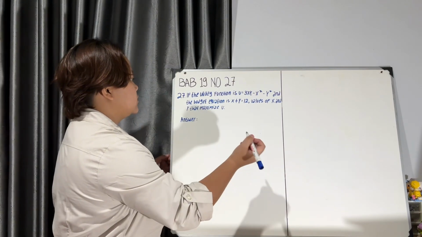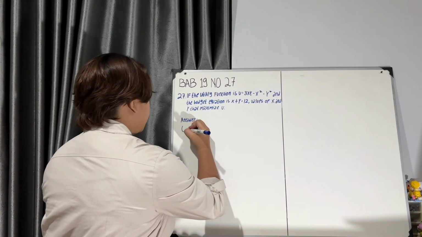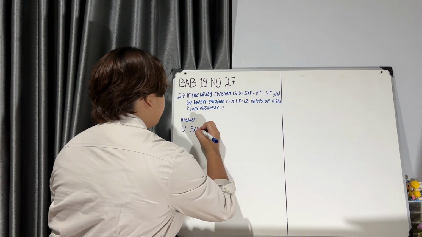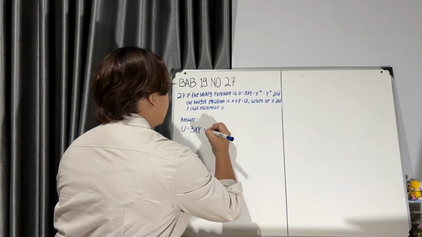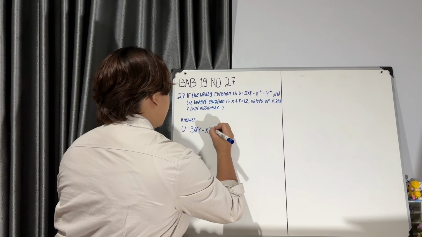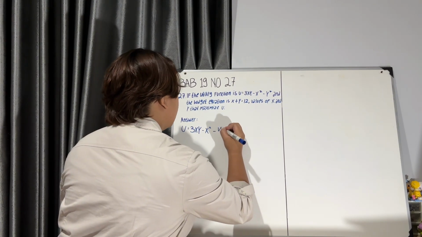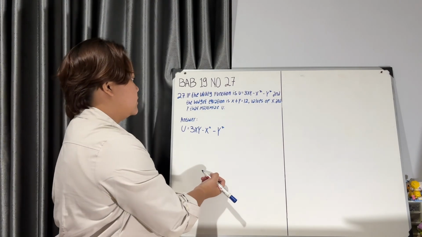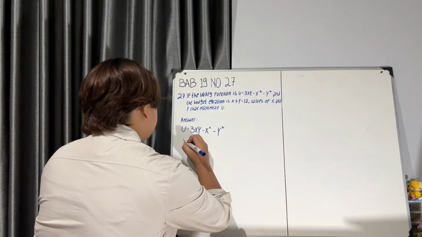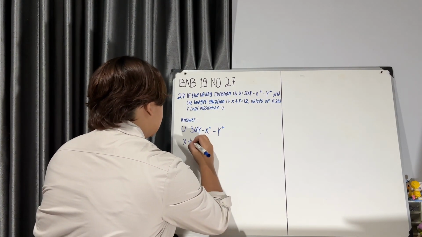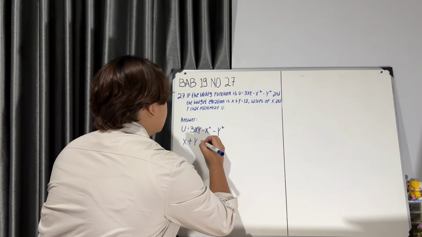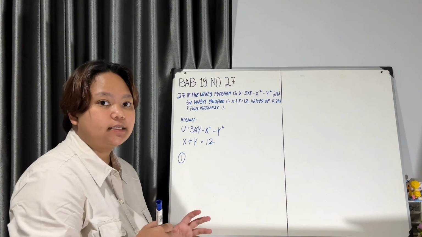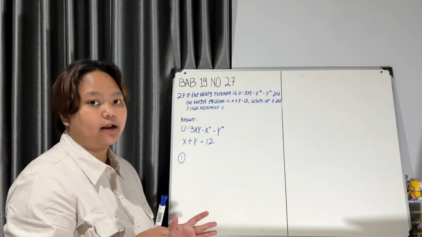The utility function is u equals 3xy minus x squared minus y squared. The constraint is x plus y equals 12.